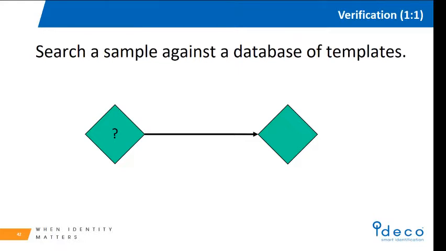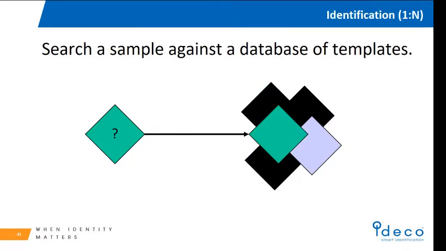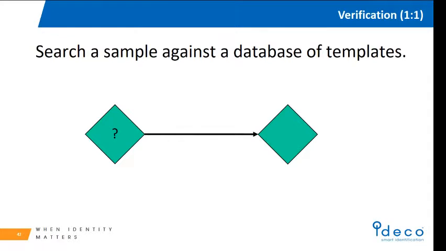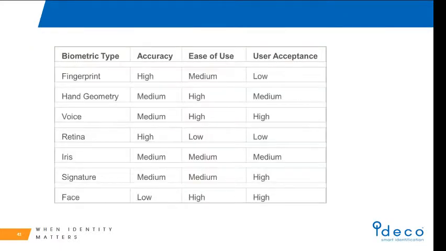Now, why these are important is because most biometric hardware devices have database sizes that differ from verification to identification. So it's really important to understand the difference. In identification, we are searching a sample against a database of templates. In verification, we're just comparing it to one.